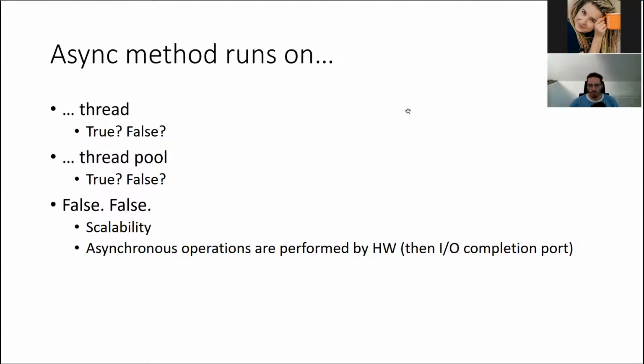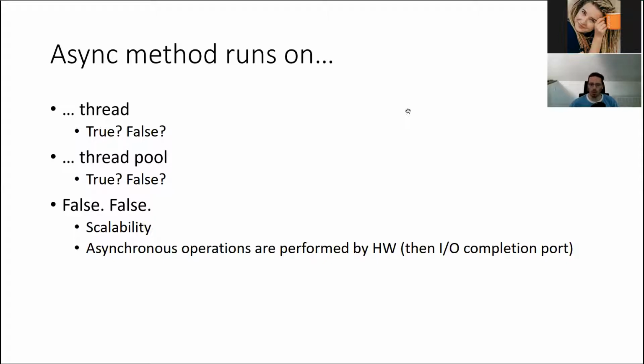Why? Because of scalability. When the async method is running, there is no thread being consumed, because you are actually not running any code. The asynchronous operations are performed by the hardware and then the IO completion port. If you've been digging a little bit into the Win32 API, you've probably seen IO completion ports. While the async operation is in flight, while you are waiting for the server to respond, you don't have to block any thread.